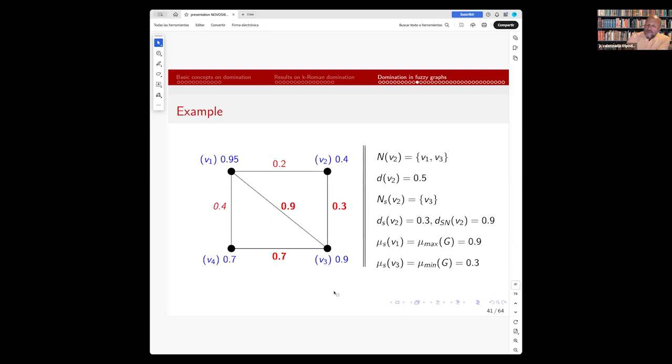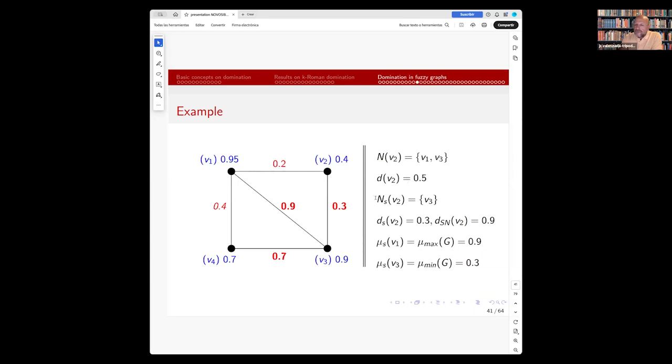Well, let me show you an example to clarify this concept a little bit. For example, in this case, for the vertex B2, the neighborhood of B2 is B1 and B3. So the degree of this vertex will be 0.2 plus 0.3 equals 0.5.